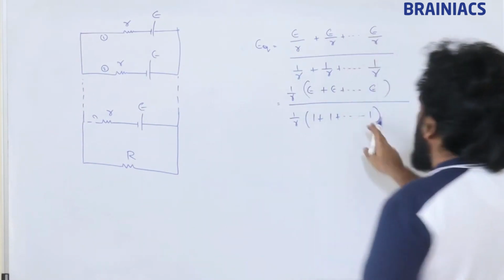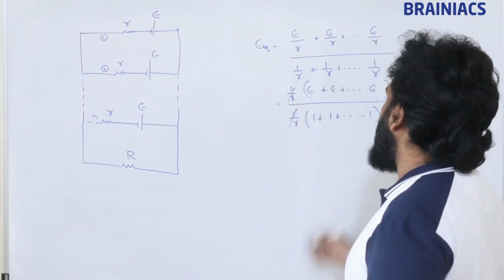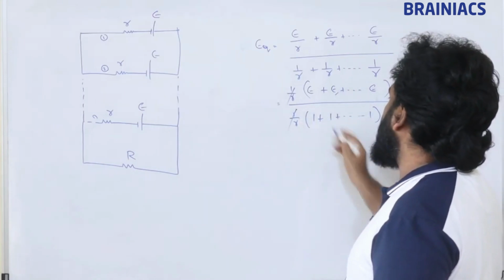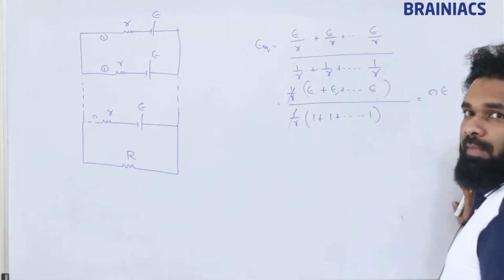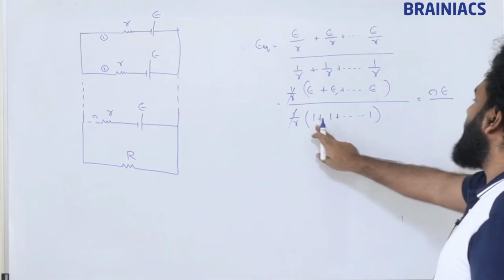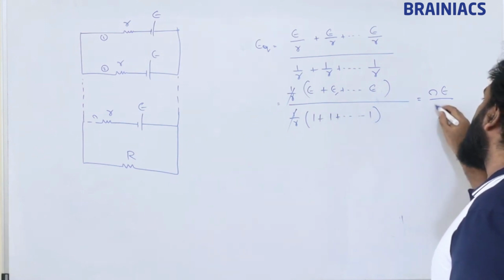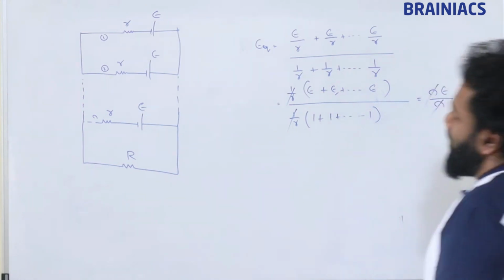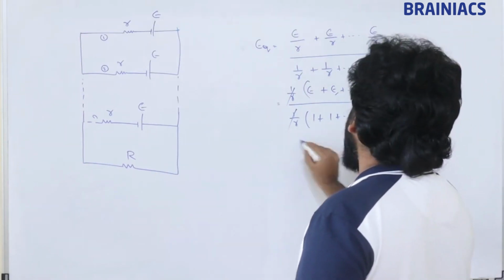We will have 1 up to N times. So 1 by R will get cancelled off. This is going to be NE divided by, if we add 1 N times, N. So this N and N will be cancelled off, and E equivalent is going to be just E.